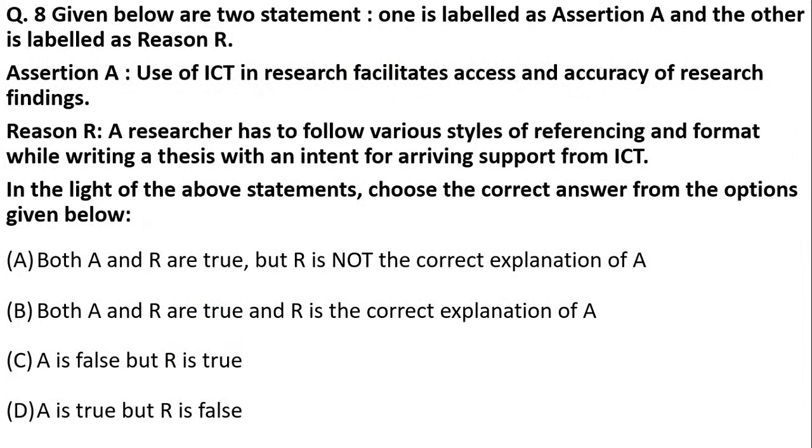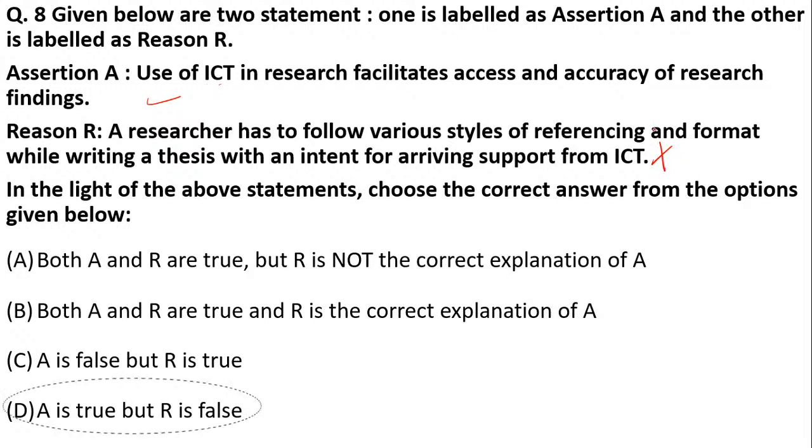Again, this is an assertion reason question. Assertion says use of ICT, information and communication technology, in research facilitates access and accuracy of research findings. Yes, this statement is true. The reason says a researcher has to follow various styles of referencing and format while writing a thesis with an intent for arriving support from ICT. No, this statement, or the reason, is incorrect.